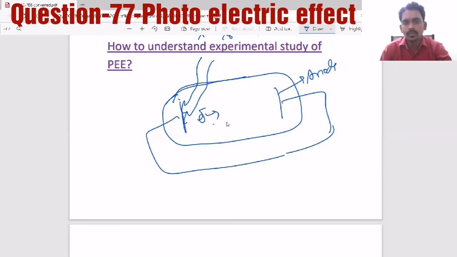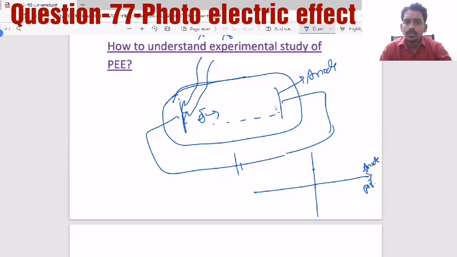So few electrons will reach the other end and they constitute current. So even though the anode potential is zero, that is what we represent here, on the y-axis current and on the x-axis anode potential, and even though it is zero, there is some current you will observe.